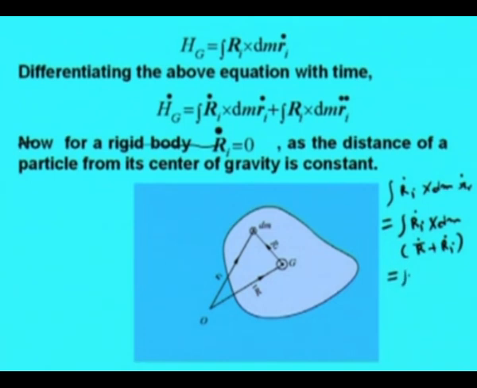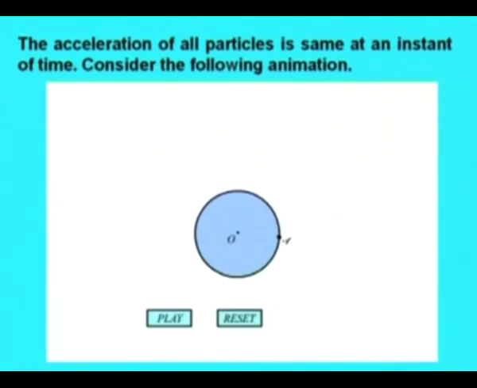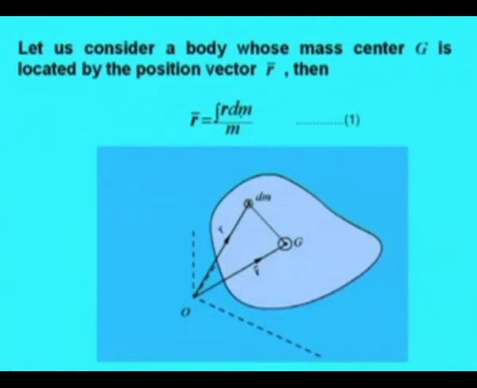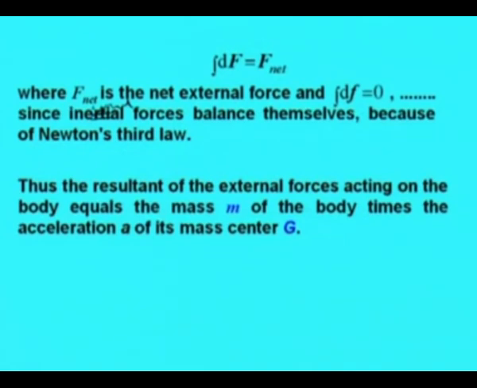So Ri dot dm can be taken out, because it is a scalar quantity. Then you are left with Ri dot cross dm and r bar dot, but this is 0 because we have that equation number 1, where it was shown that the integral of Ri dm is 0. If you differentiate this, obviously it will come out to be 0. That way it can be shown.